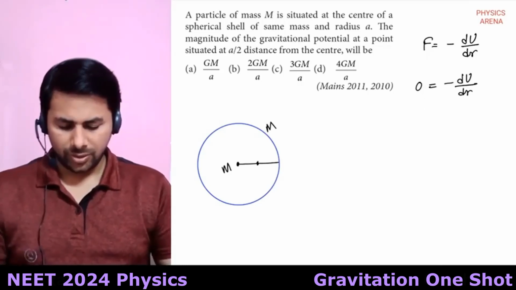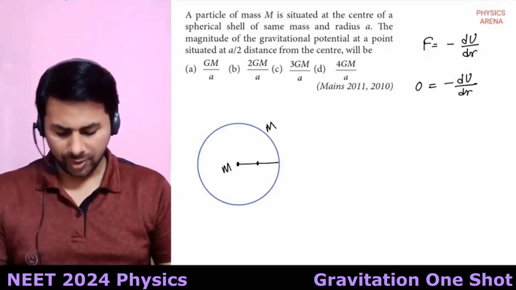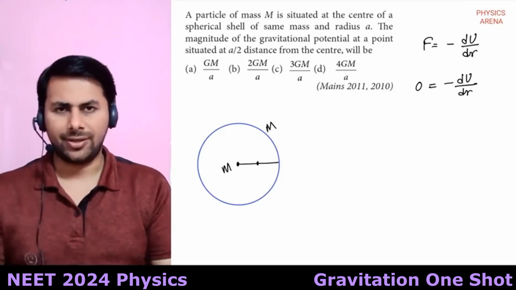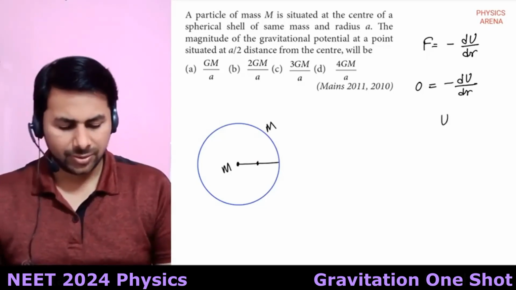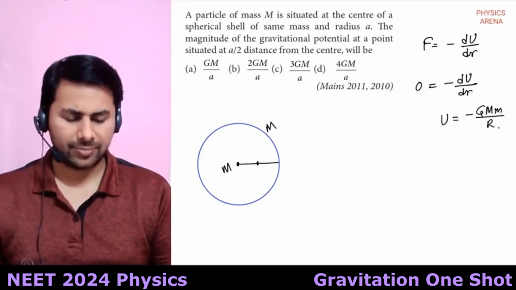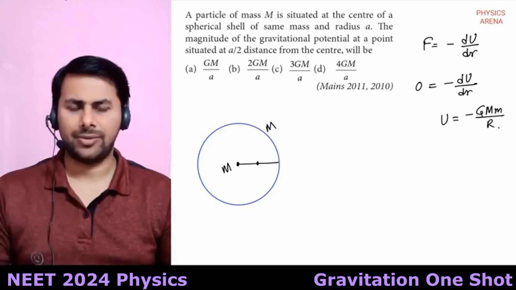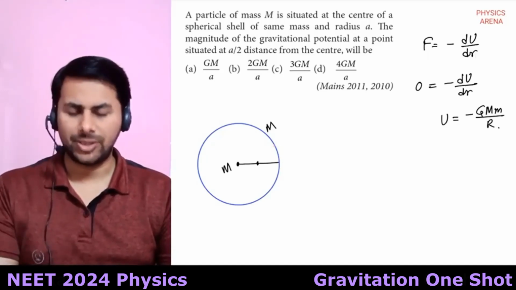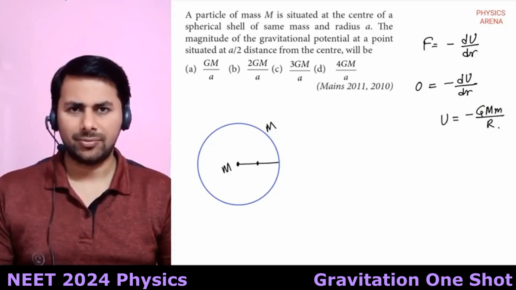So now you have a mass anywhere inside the shell, on the surface of shell or inside shell, its gravitational potential energy will remain constant. How much is that? U is minus of GMm divided by r, because if there is a mass just inside shell, its gravitational potential energy will be equal to minus of GMm upon r.